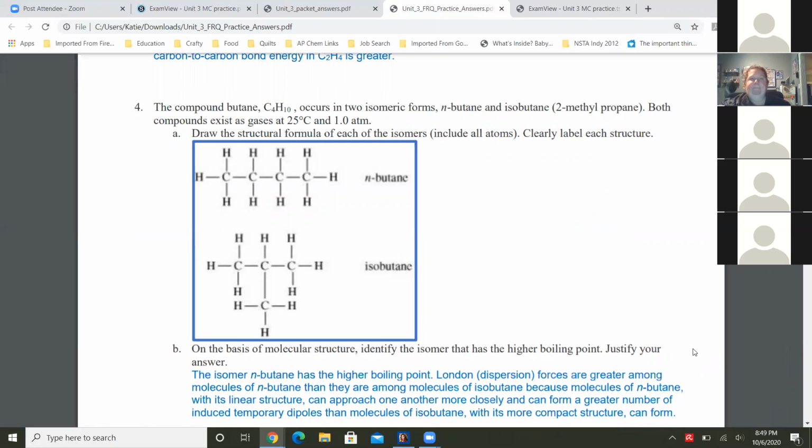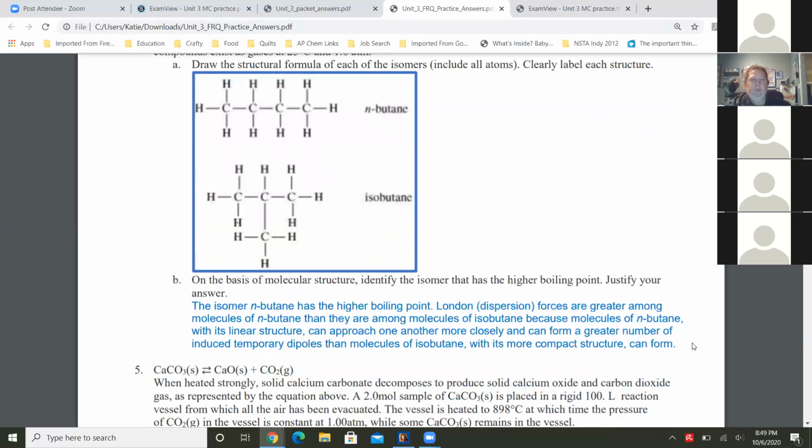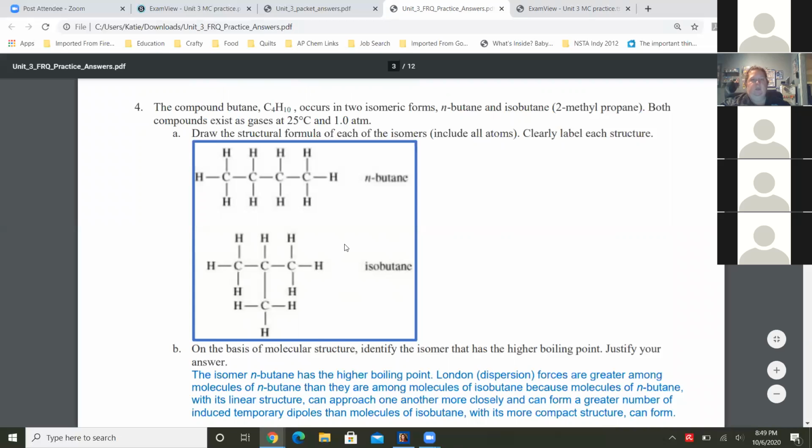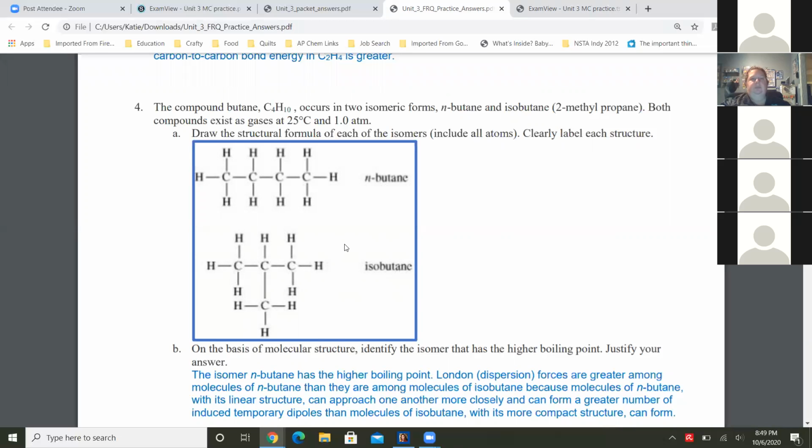I was just confused on how to explain it, specifically part B. So if they ask you to justify something about higher boiling points or melting points or vapor pressures or any of those sort of things, we got to talk about strength of intermolecular forces. So both of these substances, which this is kind of an old question, I don't think they would make you draw these without some sort of hint as to how the structures would be different.